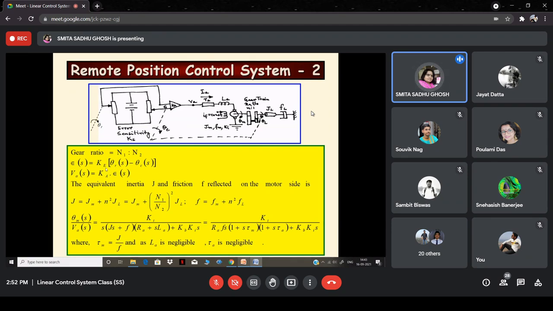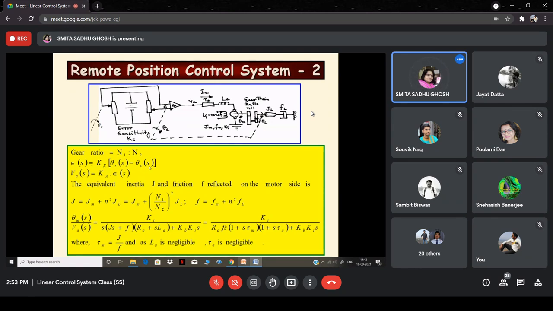As we stated, Ke will have the unit of volt per angle, or if the angle is in radians, volt per radian. So the equation governing the potentiometric error detector is epsilon S equals Ke into theta r S minus theta c S.